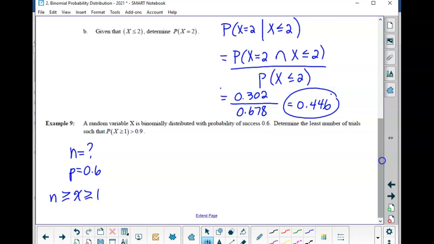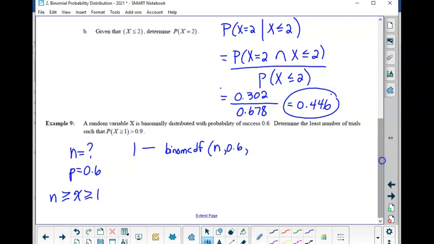So how do we get this? Well, think about it. It's a cumulative probability, and we want greater than. Cumulative always starts at 0. So we want to go 1 minus the binom CDF cumulative. Again, we don't know the number of trials, but we know the probability.